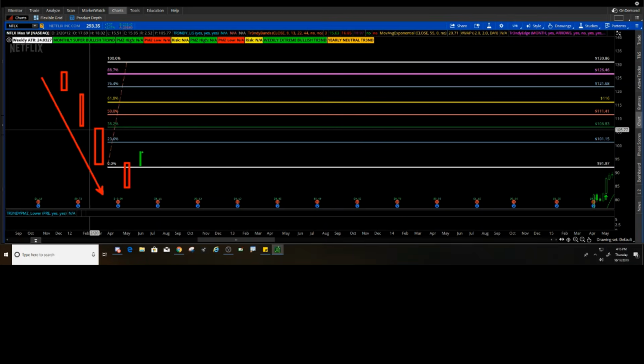What we do is we use the 38.2 and the 23.6. We call this a bearish channel. And matter of fact, I call this one a super bearish channel. And this one up here, I just call bearish.